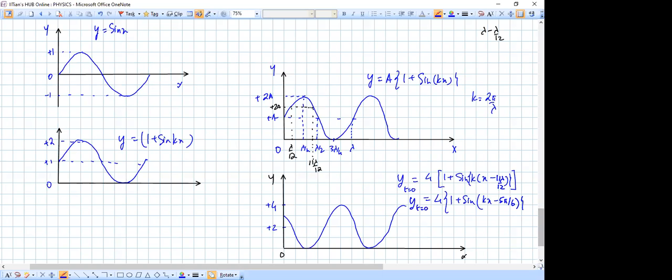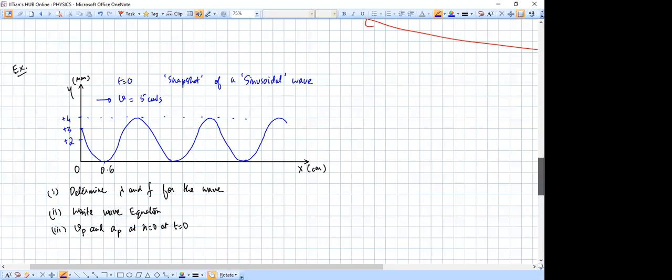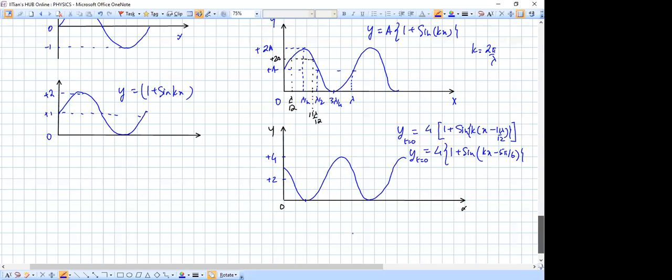So you can also see that this point here, which was in the above graph, it was 0.6 centimeters.